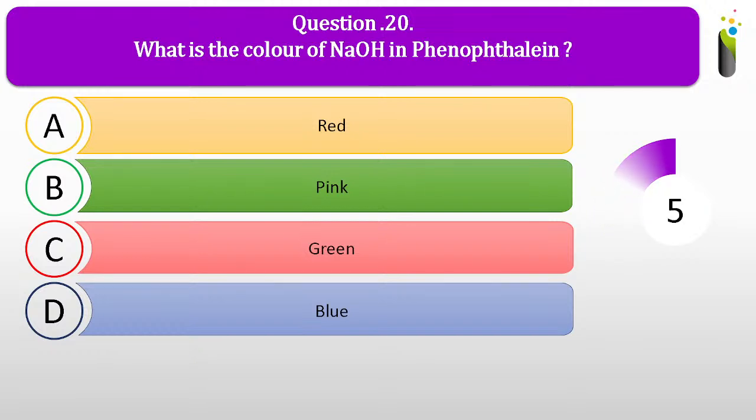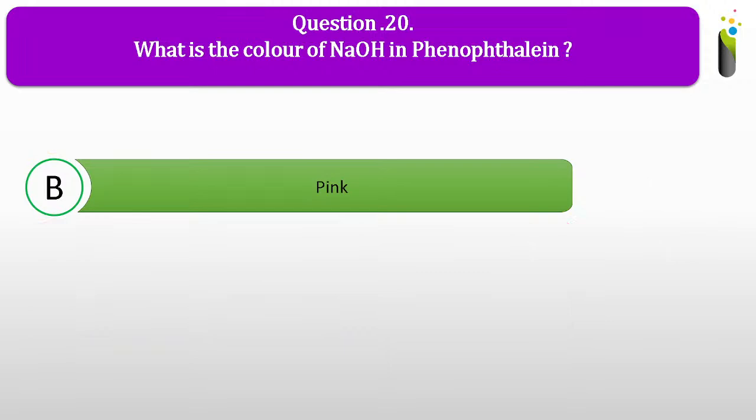So tell me, what is the color of NaOH in phenolphthalein? And the correct answer for question number 20 is B, that is pink.